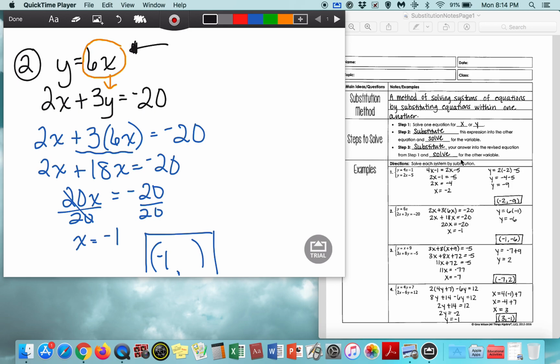So y equals 6 times x, and x is -1. 6 times -1 is -6. So our answer for this one is the point -1, -6.